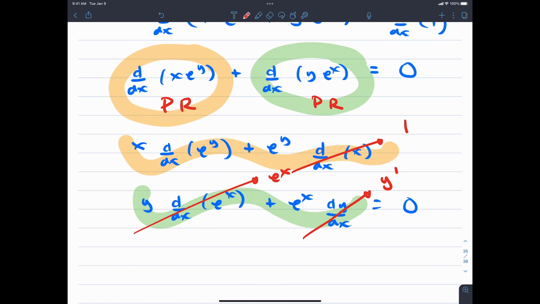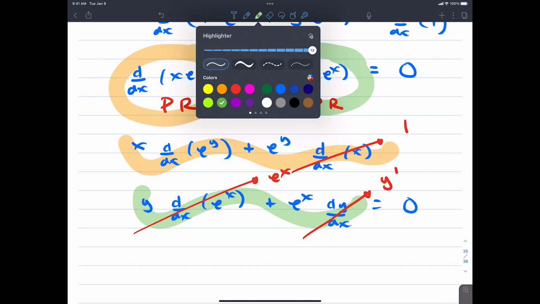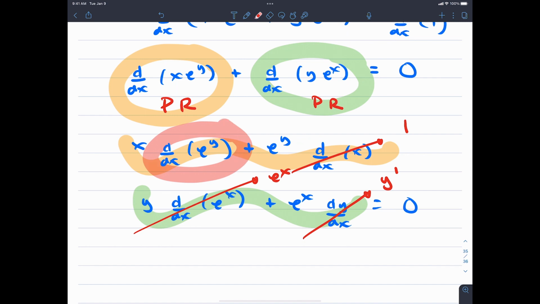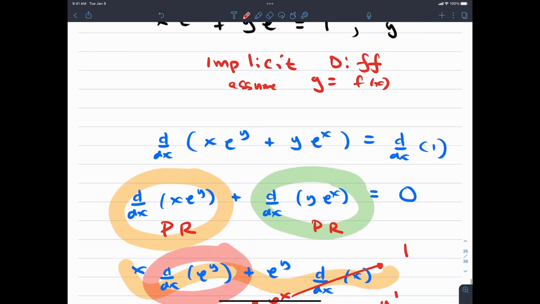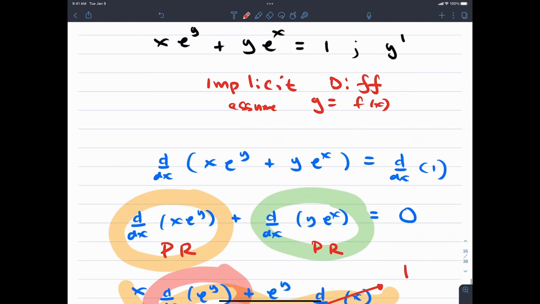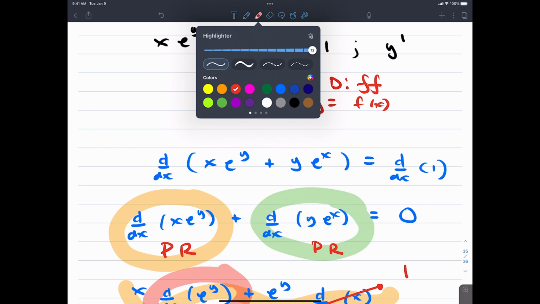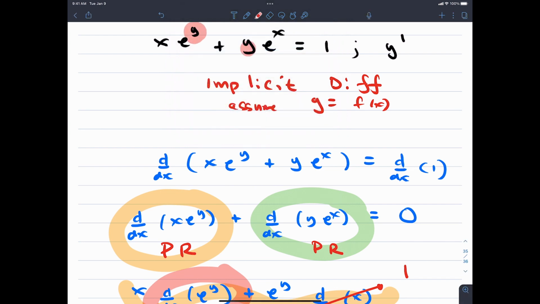But probably people are going to forget this. What do you use here to differentiate? Remember I said implicit differentiation. This y, there's the same y, by the way.